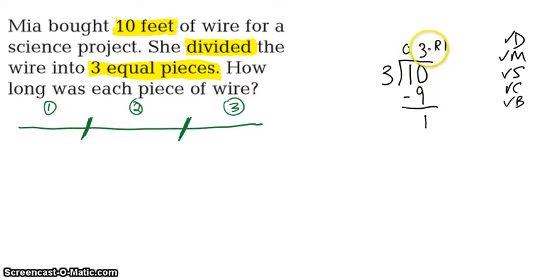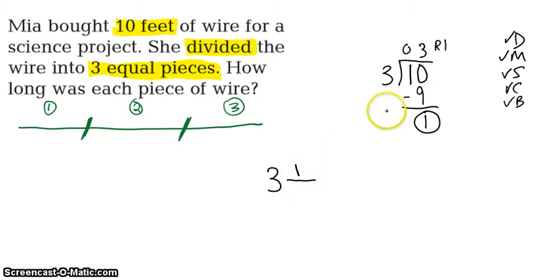We know that each piece of wire is going to be at least 3 whole feet long, right? And we have our remainder of 1 down here. So to write our remainder as a fraction, the remainder, number 1, is going to go into our numerator, which is the number up top, numerator and denominator in a fraction.